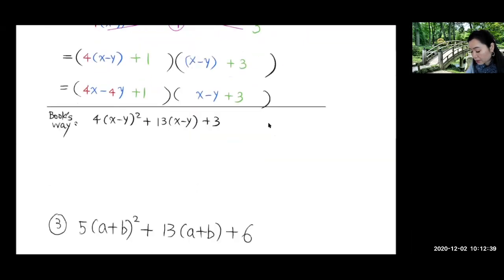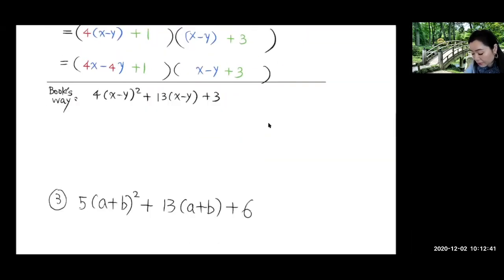The way the book does it over here, they recognize that this is a sum. So they let W equal to x minus y. So they do a substitution over here.